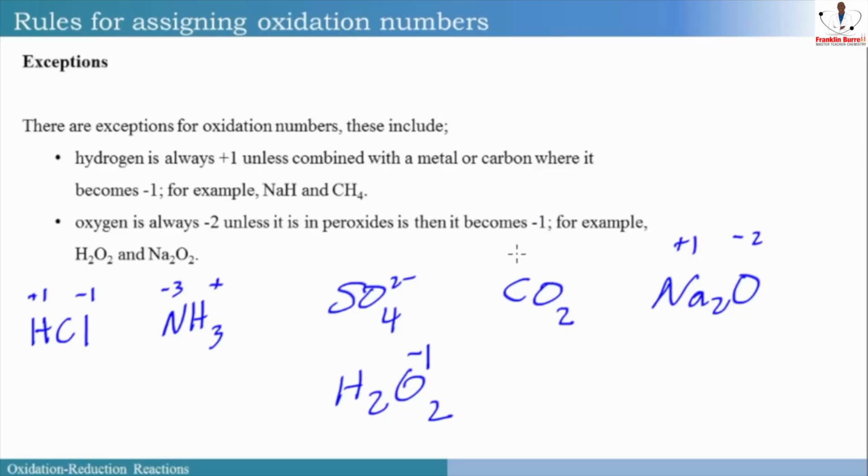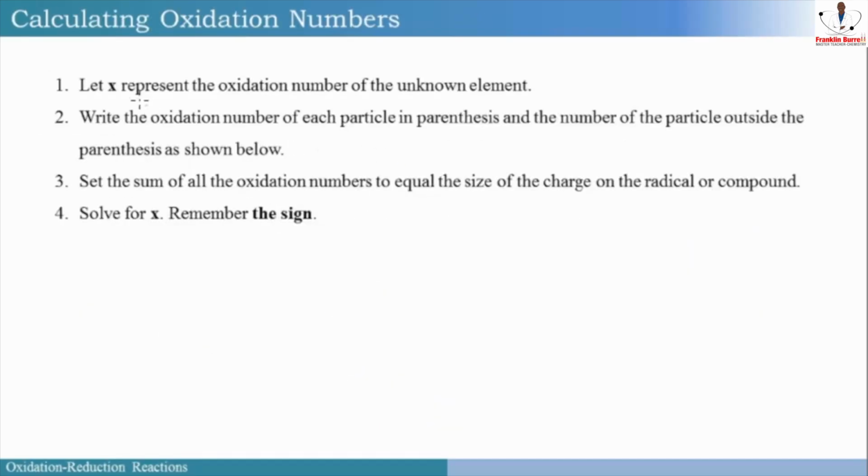Now that we have an understanding of the rules of calculating and assigning oxidation numbers, and we know what the exceptions are, let us now start some calculation. To do the calculating of your oxidation numbers, we are going to use some simple methods. We are going to let X represent the oxidation number of the unknown element.